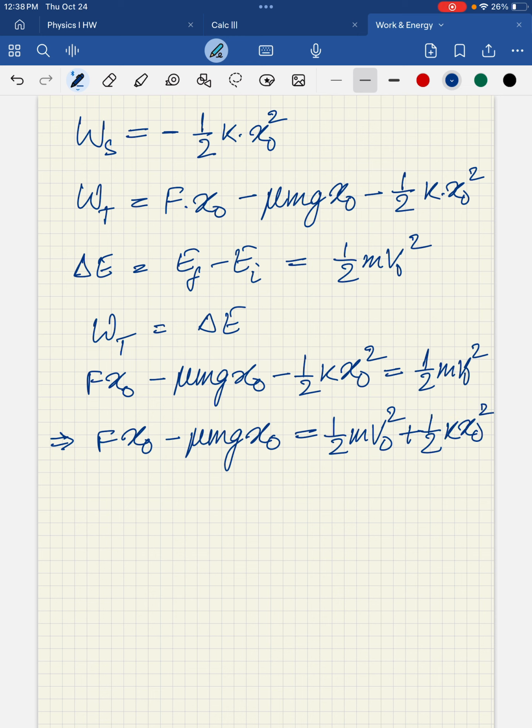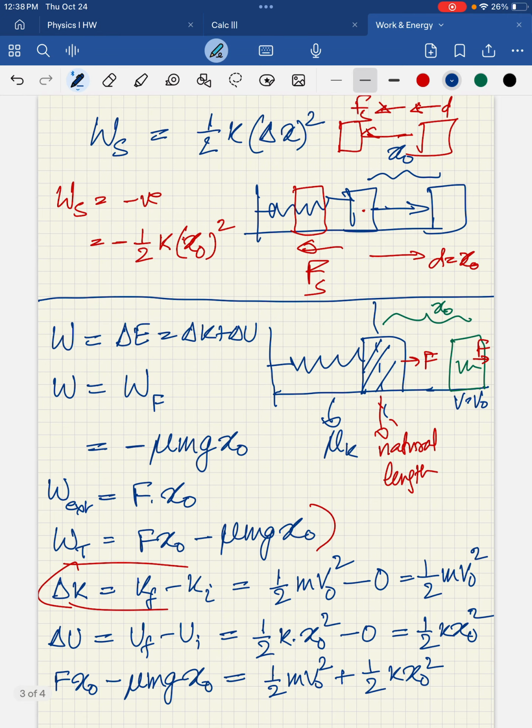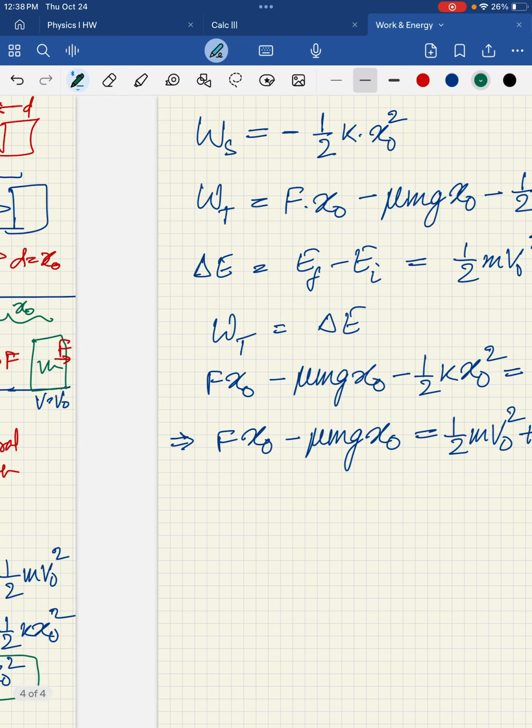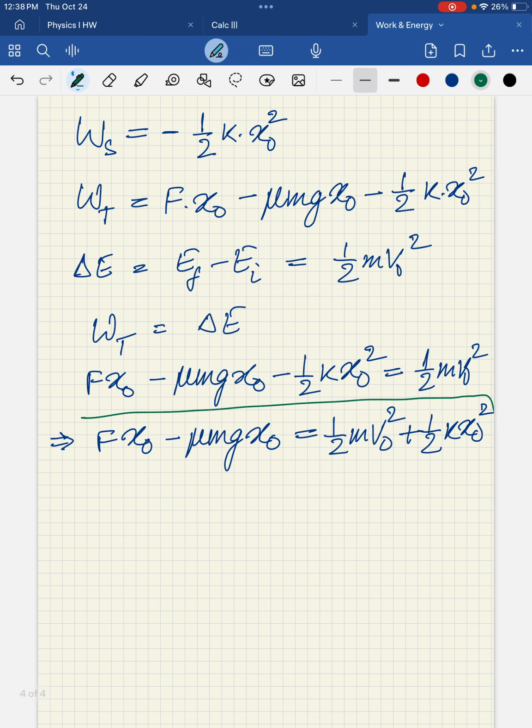Compare this to what we found earlier: Fx0 minus mu mg x0 equals half mv square plus half kx square, exactly the same, right? So I'm going to mark this here in green. This final and this final, they are exactly the same.